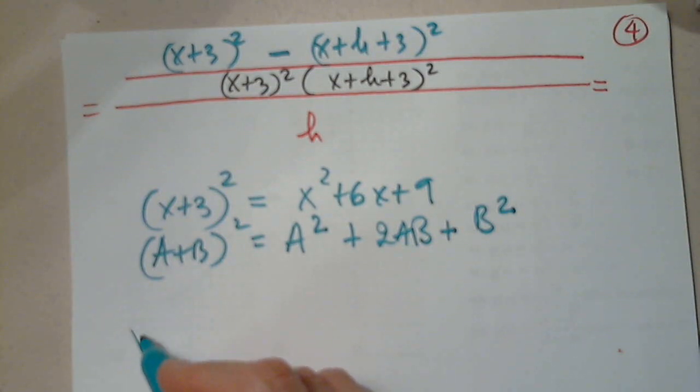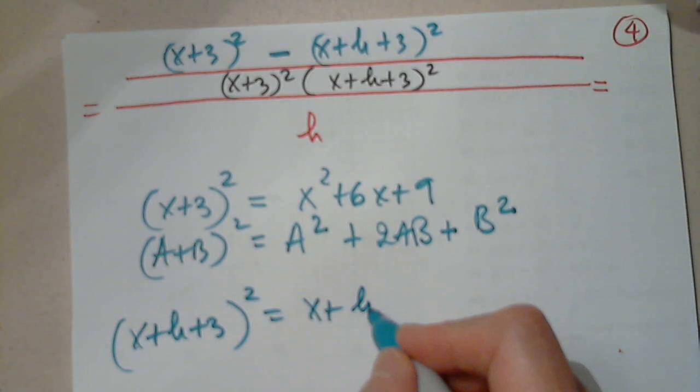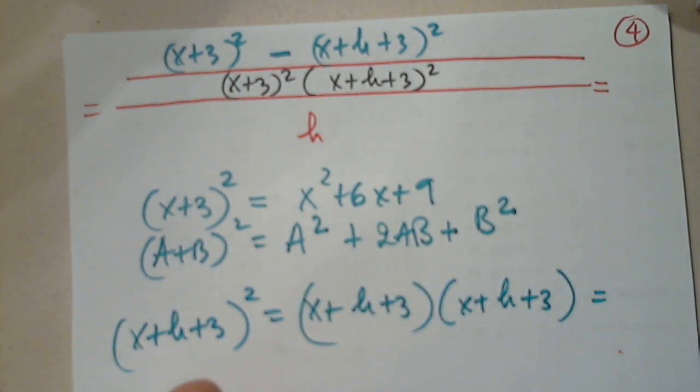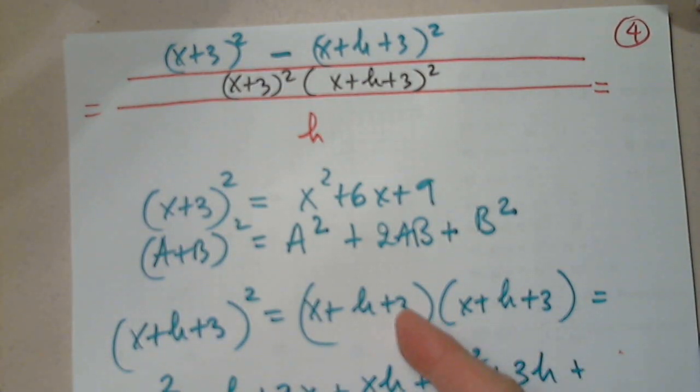So we have x plus h plus 3 everything squared has to be rewritten as x plus h plus 3 times x plus h plus 3. And now we have to distribute x to x, x to h, x to 3, plus h to x, plus h to h, plus h to 3. Finally, 3 to x, plus 3 to h, plus 9.